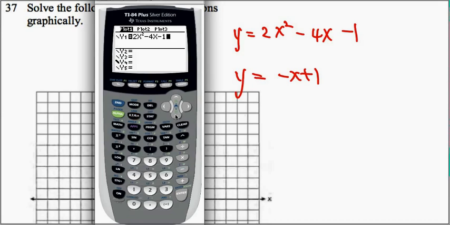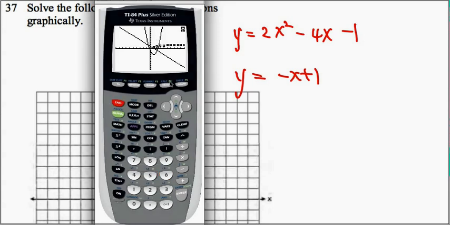And the other one is negative x plus 1. We're just going to go for zoom standard, which is number 6, to figure out what's happening. So we clearly see that the two curves are intersecting.